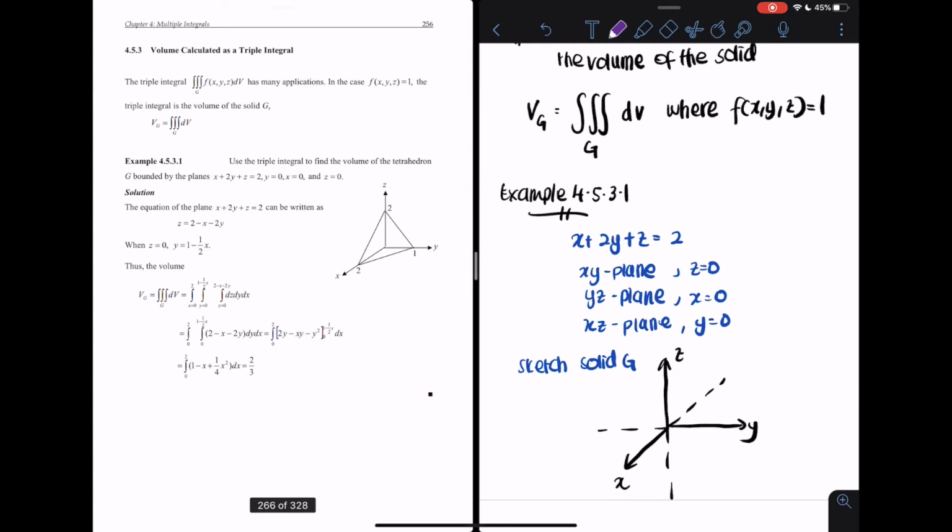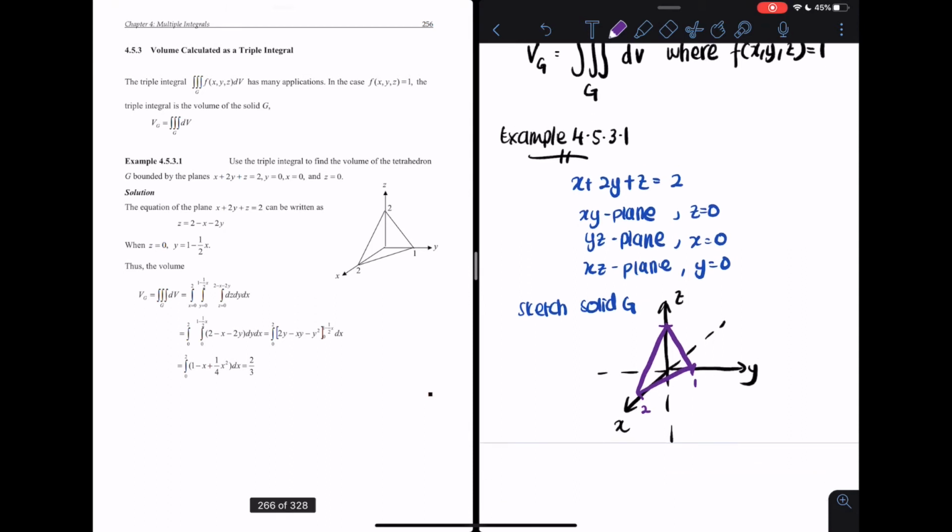You can find all the intercepts. By letting y and z equal to 0, you will get the x intercept: x is equal to 2. Then 2y is equal to 2, so y is equal to 1, and z is equal to 2. So I will get this tetrahedron bounded by all coordinate planes.